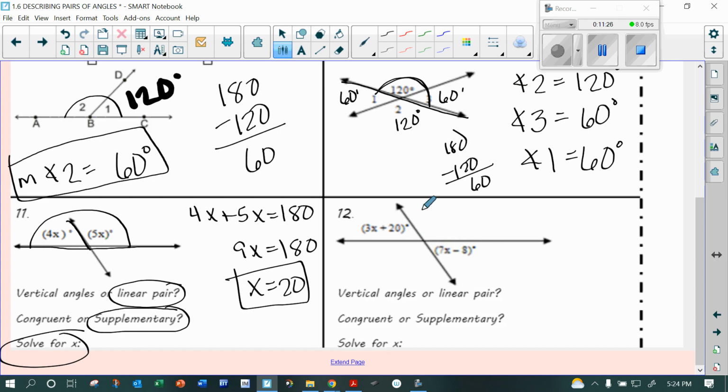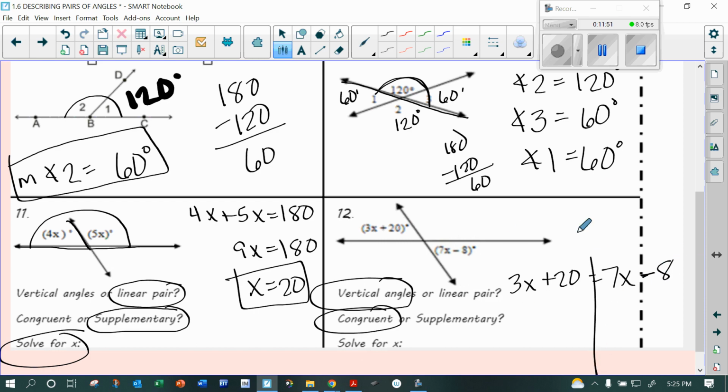This one over here, there's an x, and I have this opposite angles. So therefore they are vertical, therefore they are congruent. So I'm just going to solve for x. So 3x plus 20, because vertical angles mean part plus part, or part equals part. This is part plus part equals 180. This is 7x minus 8.